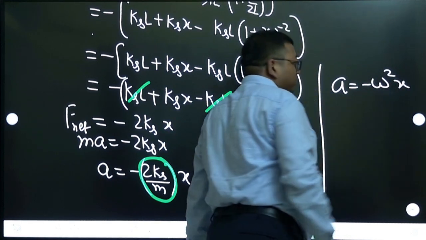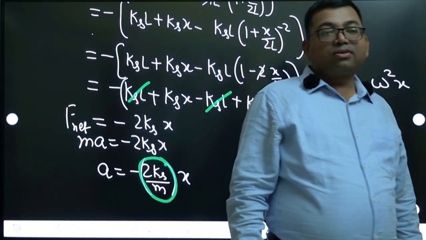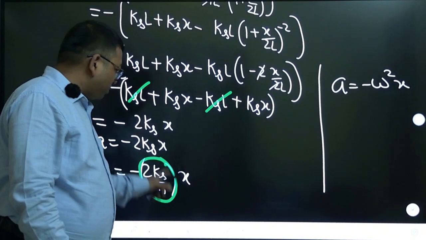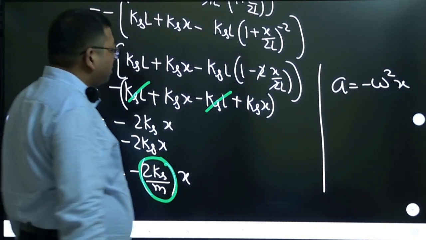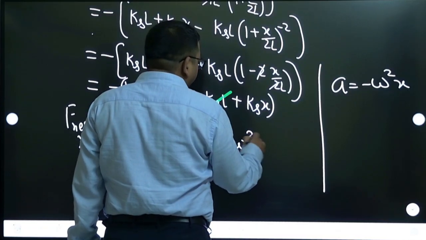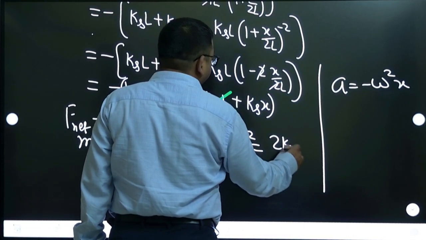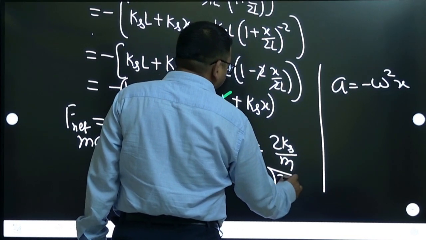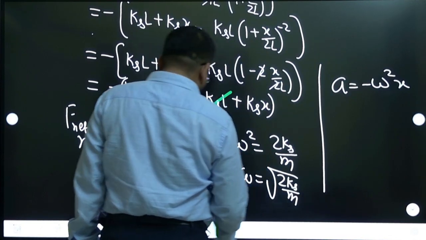So that term is omega square, and omega square is 2 spring constant by mass, so omega is equal to root under 2Ks by m.